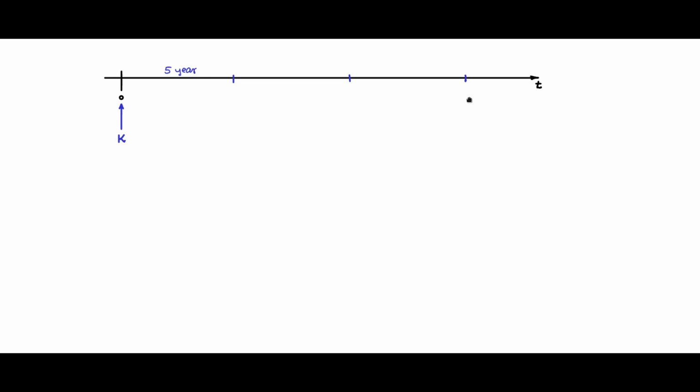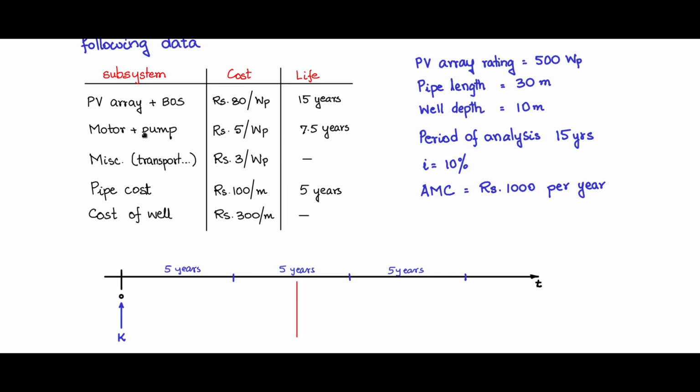So I will mark that 5 years, 5 years, 5 years. Right at the center here, 7.5 years from here. You see that the lifespan of the motor plus pump is 7.5 years, which means at the end of 7.5 years, you have to make a preventive replacement for the system to function.